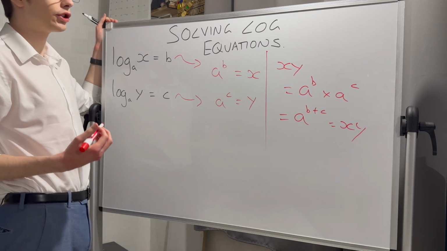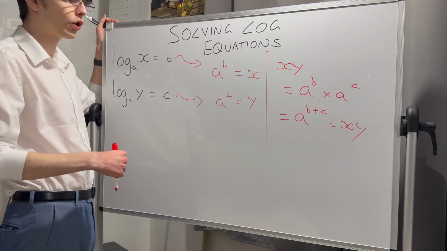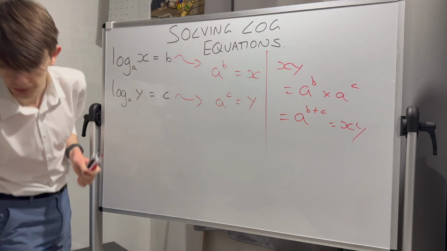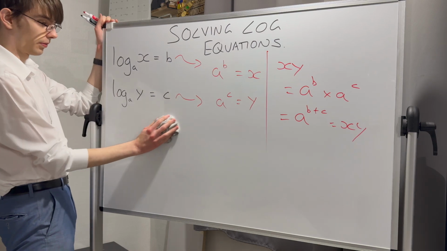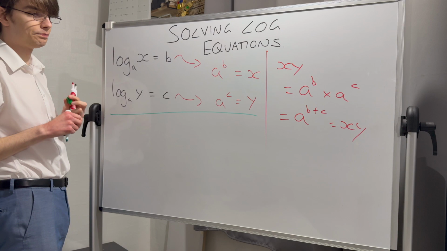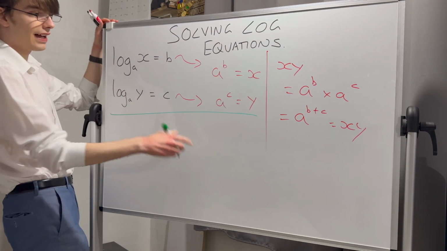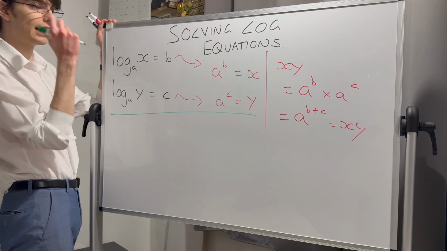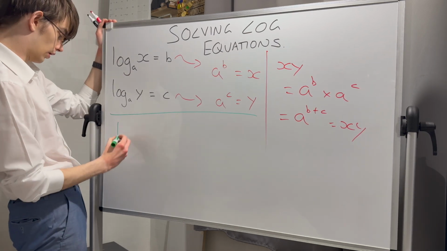Now I want to apply my logarithms back to this equation. I will just do it under here. I've still got a bit of room. So I've got a to the b plus c equals xy. So I'm going to apply a log of base a to both sides.